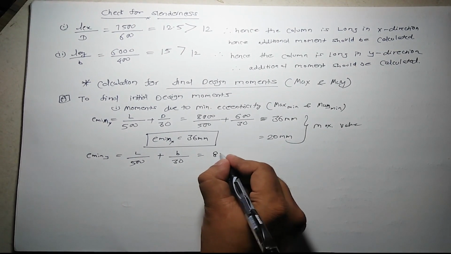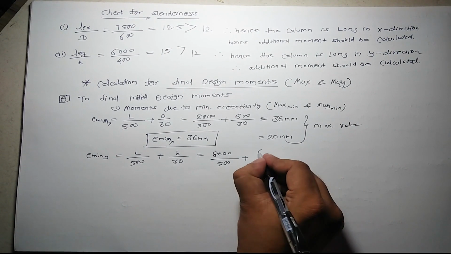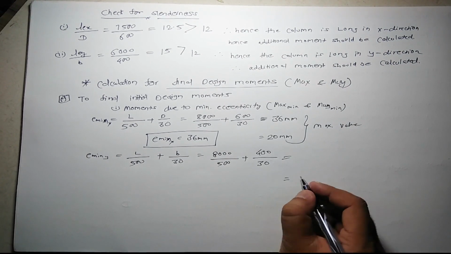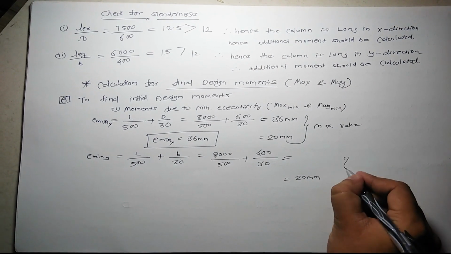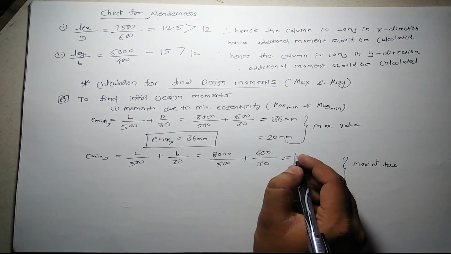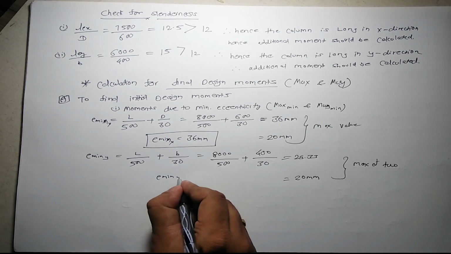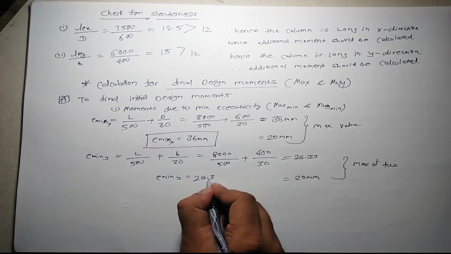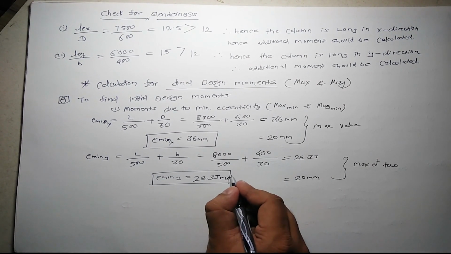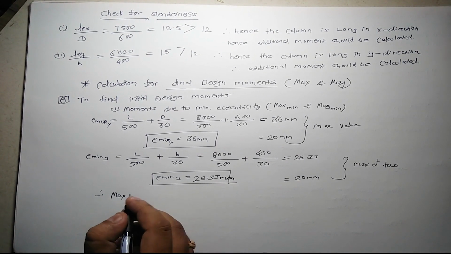L is 8000 upon 500 plus small b, 400, upon 30, or 20 mm minimum. We need to pick the maximum of the two, so it is coming out to be 29.33 mm. So e minimum y is 29.33 mm.